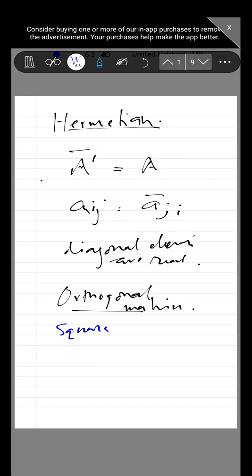And it will be called a unitary matrix if the transpose conjugate times the original matrix gives you the identity matrix, or rather we can say that the transpose conjugate is equal to the inverse.